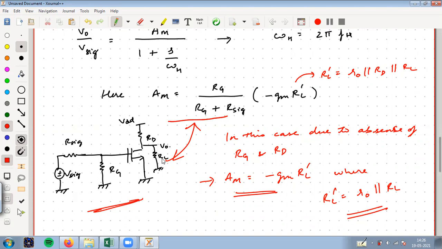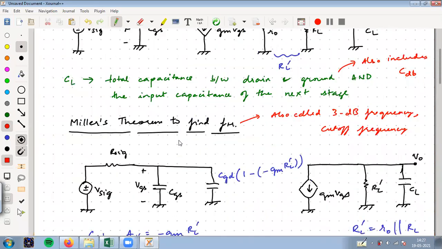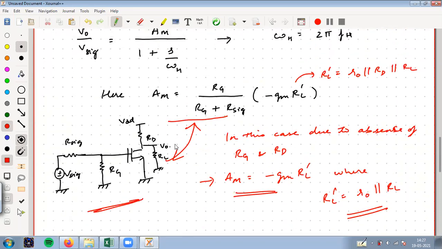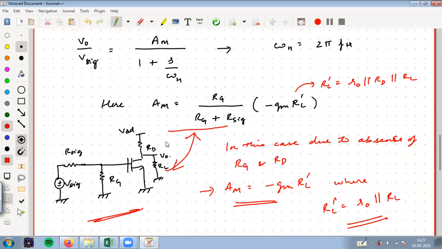It is not for the actual circuit diagram which I drew earlier. I'm just showing what happens if I add RG, RD, and RL also. We proved this earlier, when we were deriving gain for small signal models of common source, common drain, and common gate. We got this formula there. But for this circuit you don't have RD or RG, so your gain would be simply minus GM into RL. So I think it's better I mention that clearly.